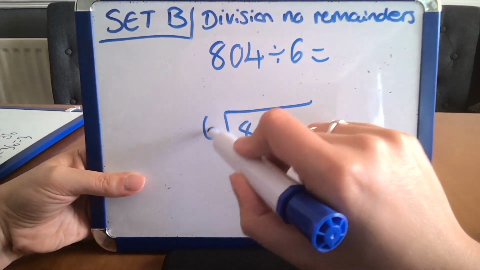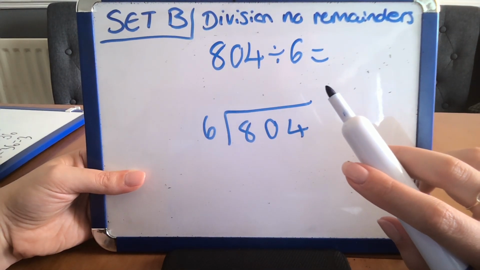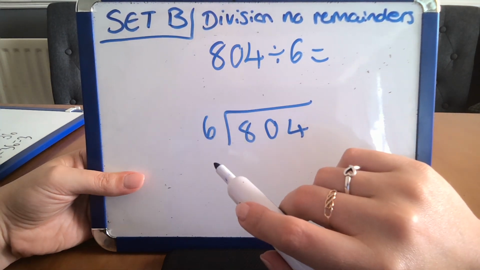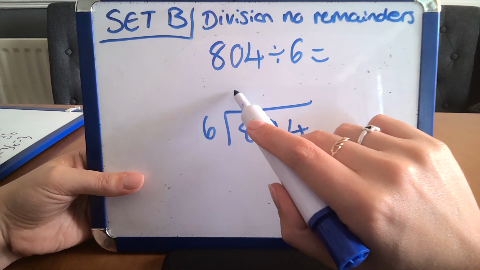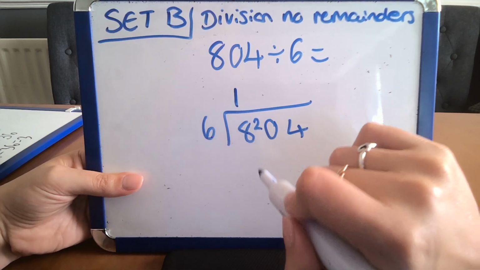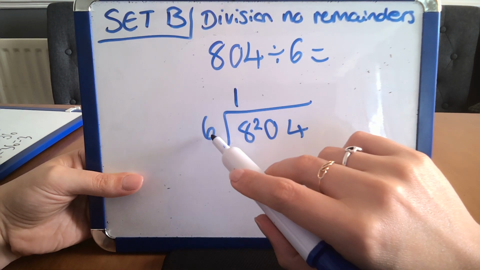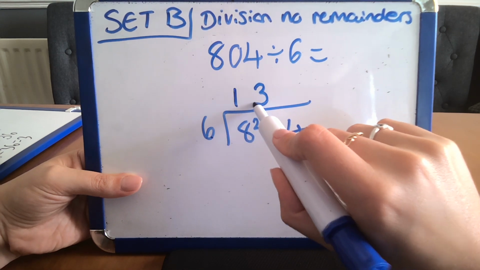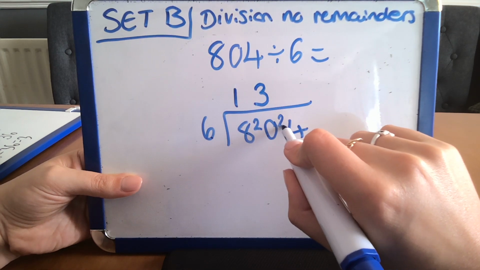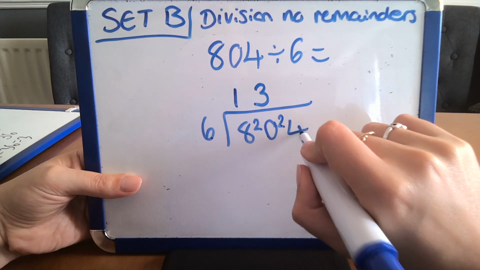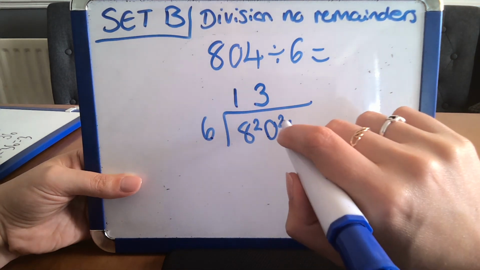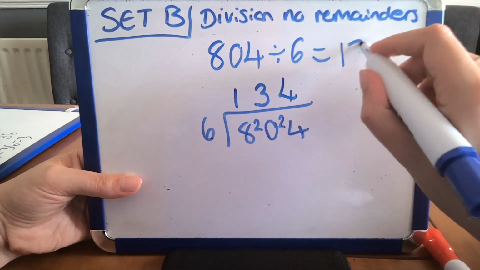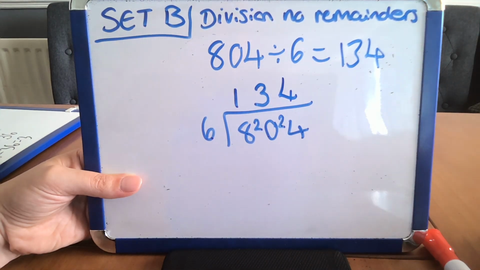How many 6s go into 8? 1 remainder 2. How many 6s go into 20? 3 remainder 2, which goes here to make 24. How many 6s go into 24? 4. So our answer is 134.